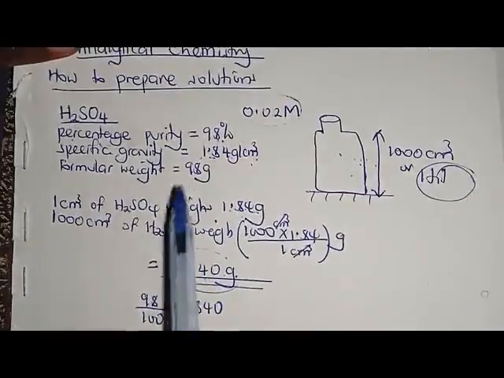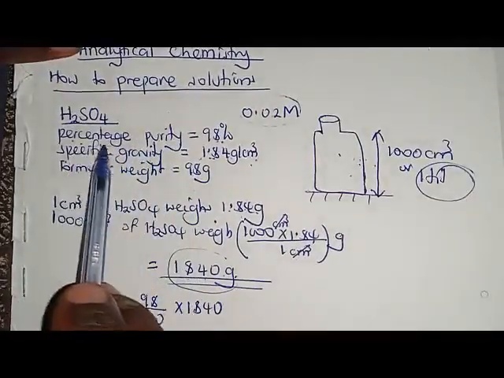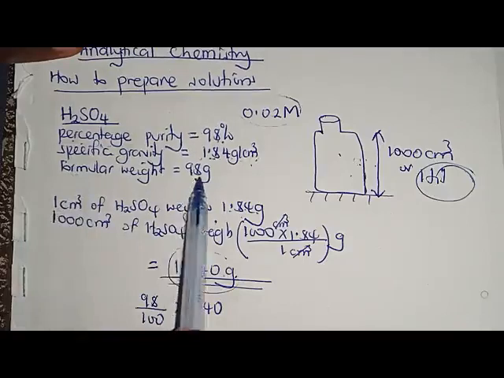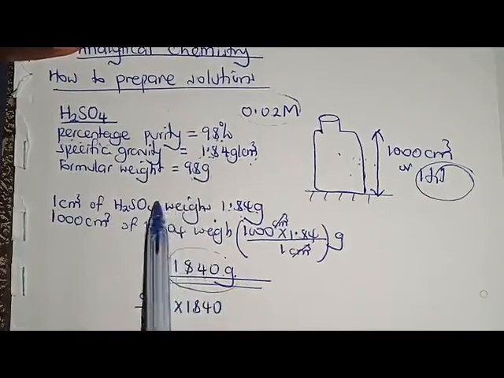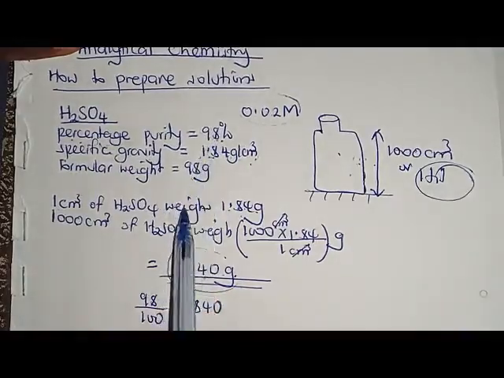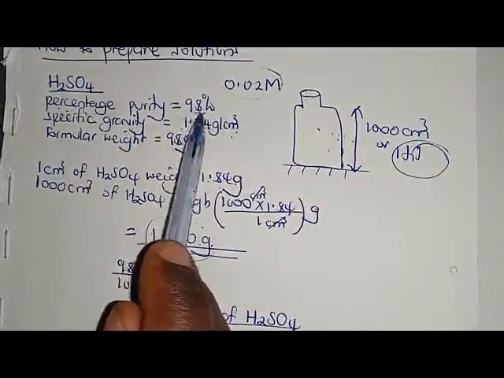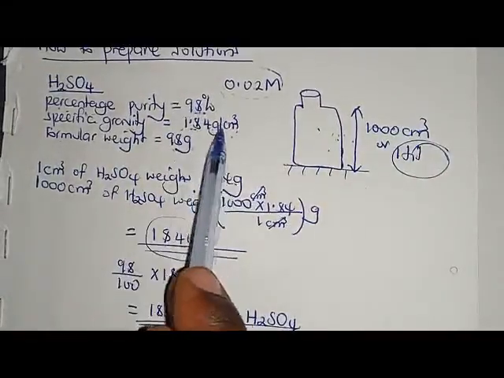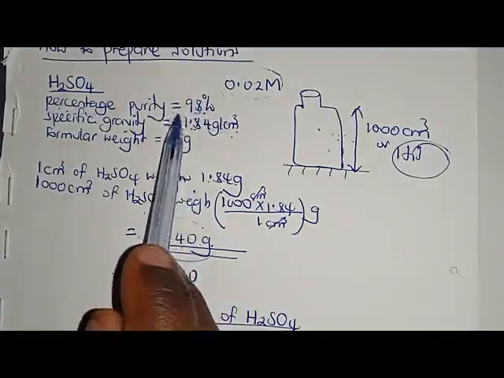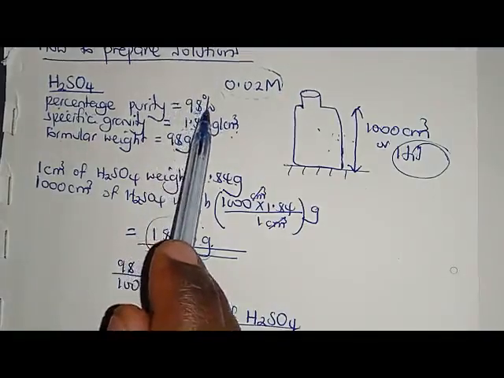And here in the question they are saying the formula weight is 98. Don't confuse this 98 with this percentage. This is coincidence, they are looking the same. But another thing you should understand is that every manufacturer will give you a specific gravity that might be different from this one, or even the purity might be different.